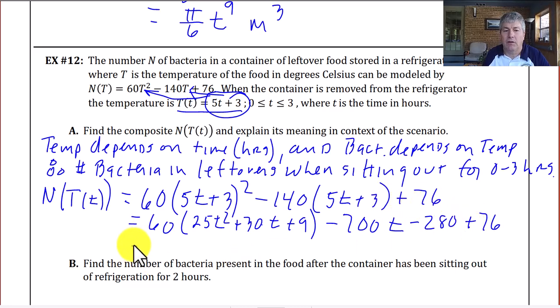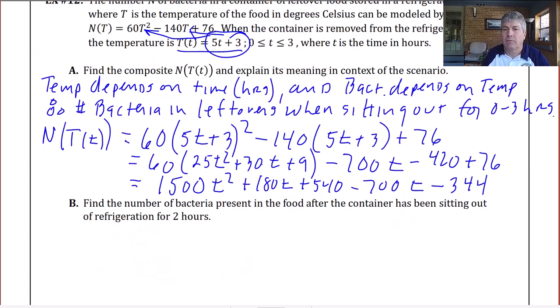Now we still need to continue to simplify. So continuing to simplify, we distribute our 60. If I fix my mistake here, my minus 280 is actually minus 420, and we get a negative 344. Finish combining our like terms, and we simplify.